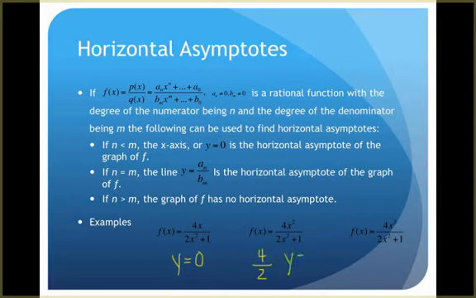So I have a horizontal asymptote of y equal to 2. The third example, the degree is 3 in the numerator and 2 in the denominator. So because the degree is larger in the numerator than the denominator, we say that there are no horizontal asymptotes.